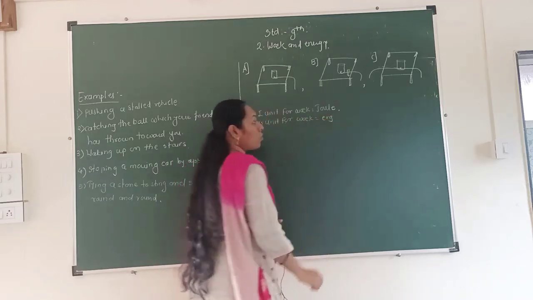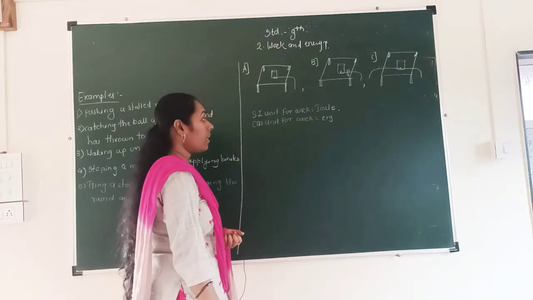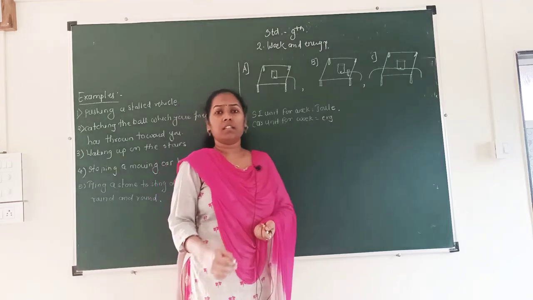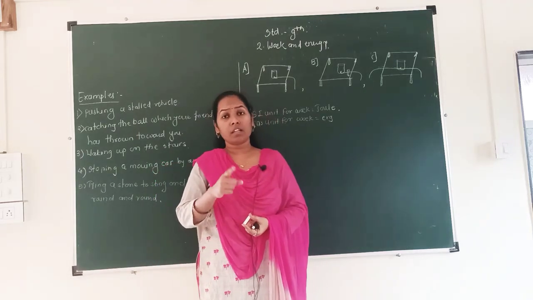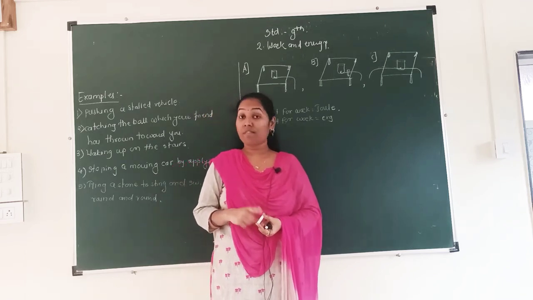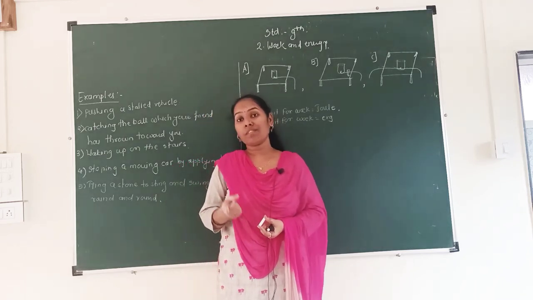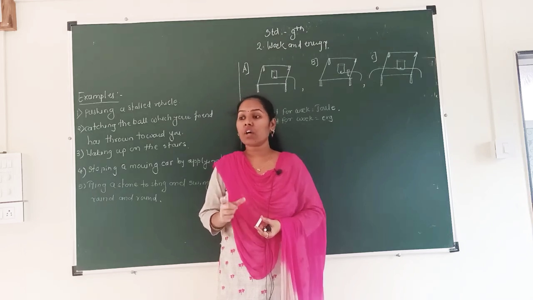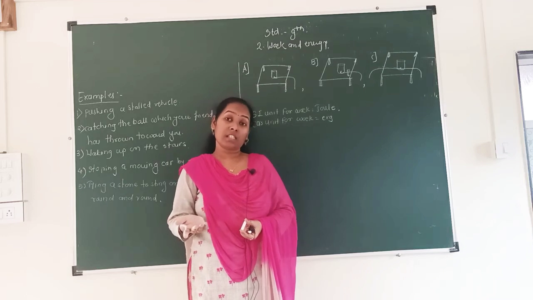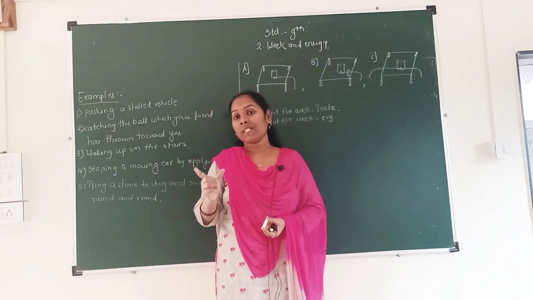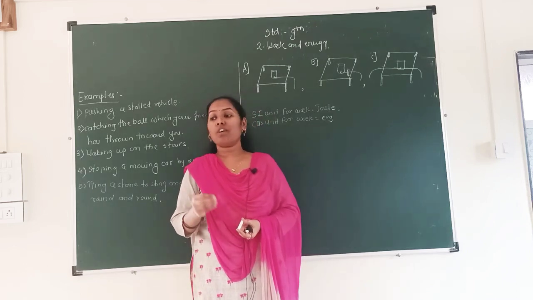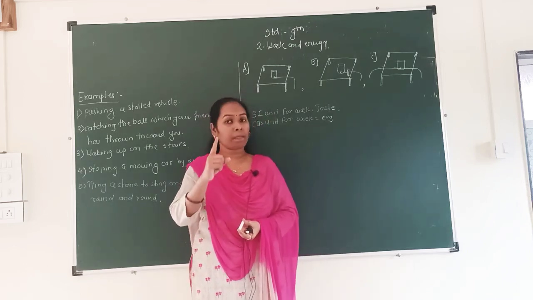When is the work said to be 1 erg? When the object applies a force of 1 dyne, and because of this applied force the object moves through a displacement of 1 centimeter, then the work done is said to be 1 erg.